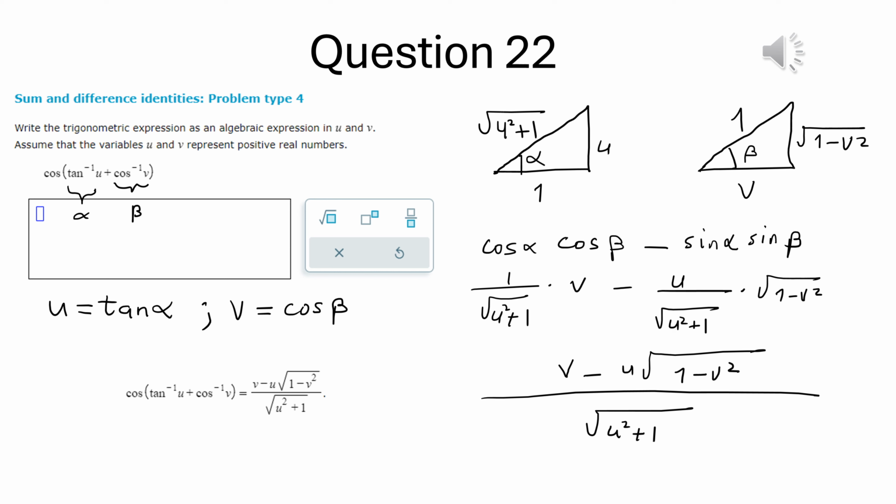Cosine alpha is 1 over square root of u squared plus 1, times cosine beta, which is b, minus sine alpha, which is u over square root of u squared plus 1, opposite over hypotenuse, times sine beta, which is square root of 1 minus b squared over 1, okay, is nothing. The rest is just algebra and that's it.